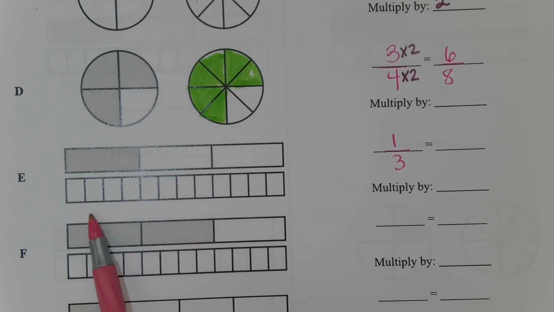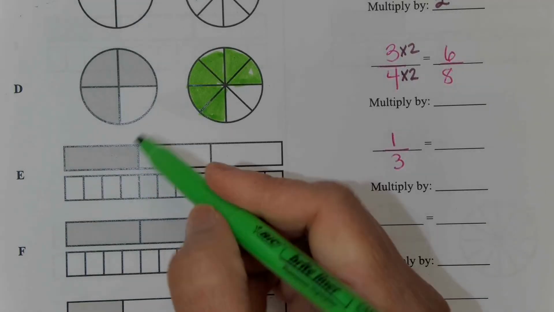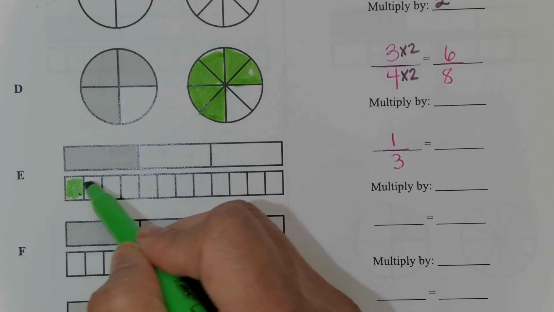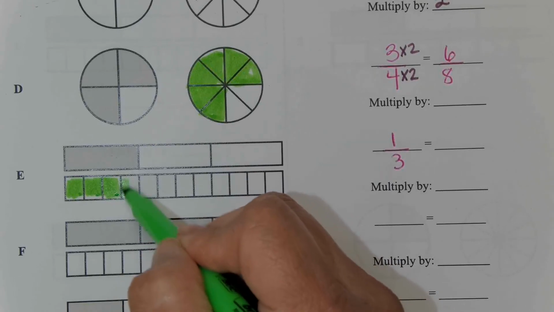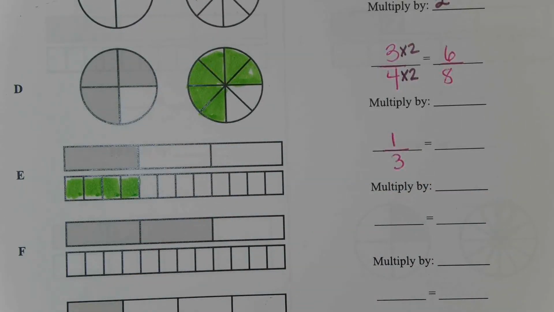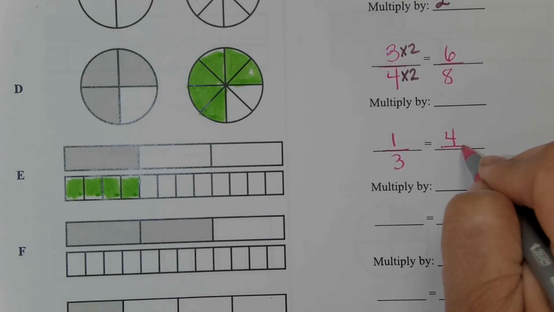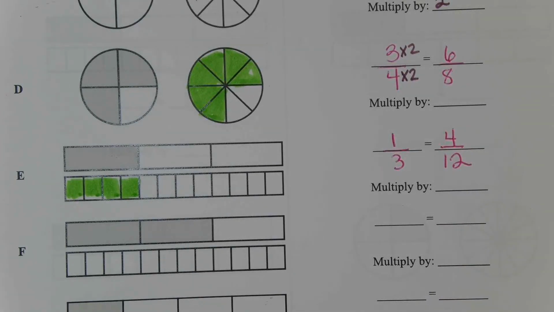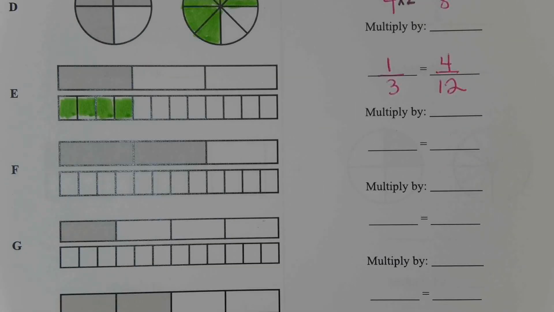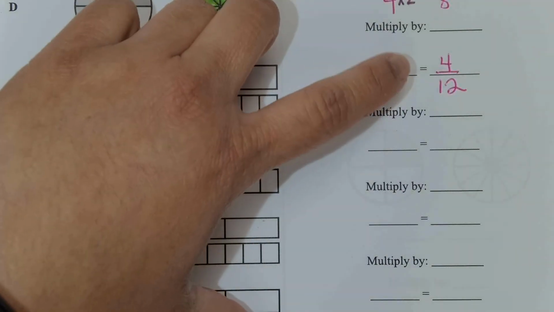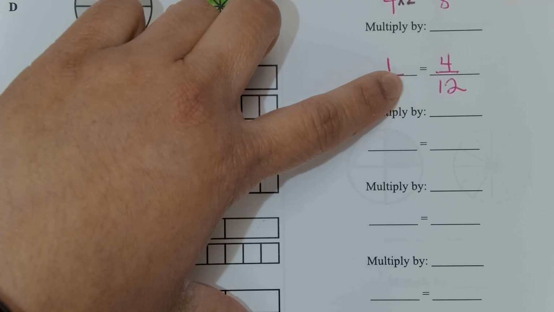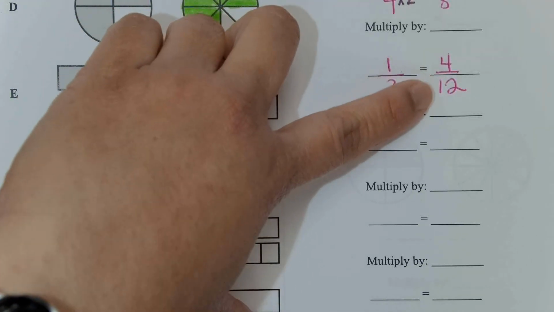How many parts have to be shaded to equal 1/3? So we have to shade in 1, 2, 3, and 4 to equal 1/3. So 4 parts out of 12 equal parts. Okay, so what can we do mathematically to my numerator and my denominator to show that 1/3 is equal to 4/12?